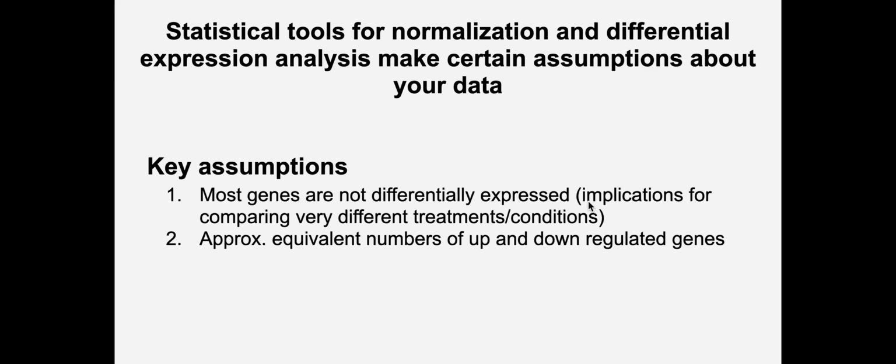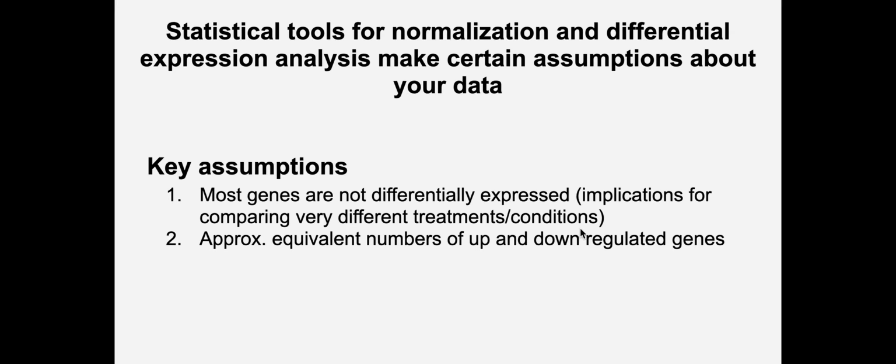So if you have a condition or situation where there is wildly different gene expression between your two conditions, that could really change the kinds of results you get out of a differential gene expression analysis. The second is that, of the genes that are differentially expressed, approximately equivalent numbers are upregulated as downregulated, so there's roughly a balance in who's going up versus who's going down.